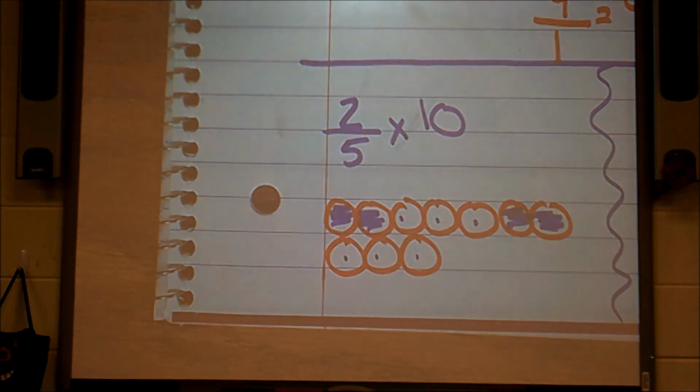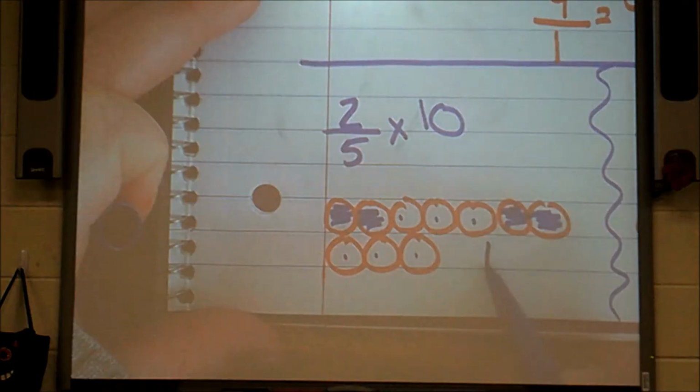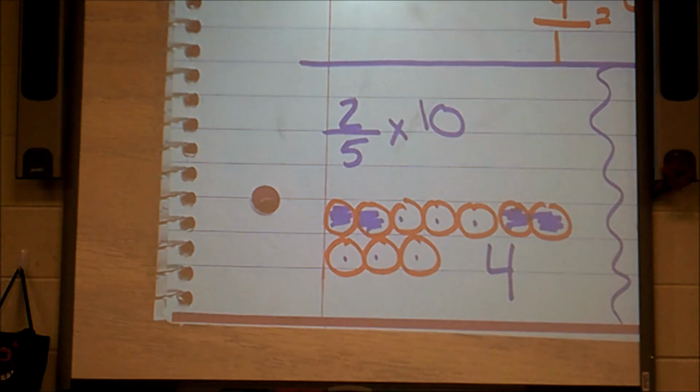And then I count how many of them have been colored in. 1, 2, 3, 4. 4 circles have been colored in. So my answer is 4.